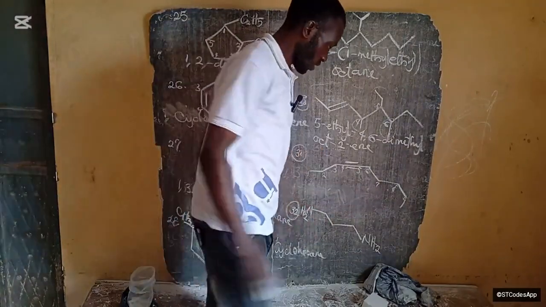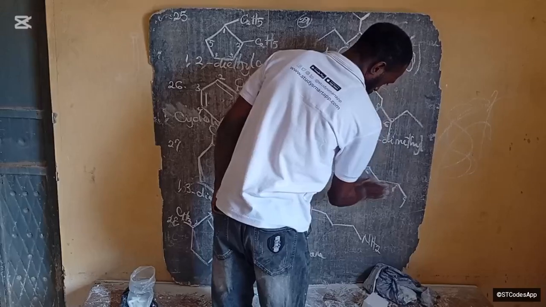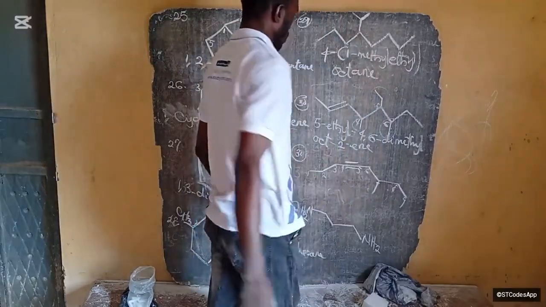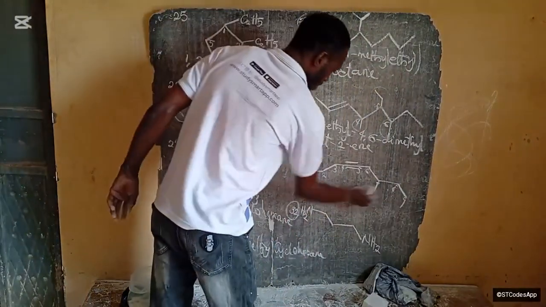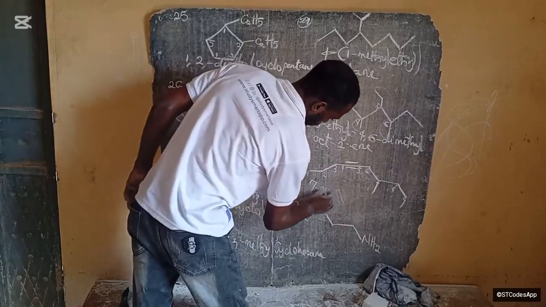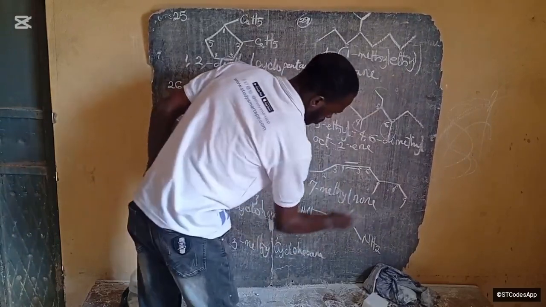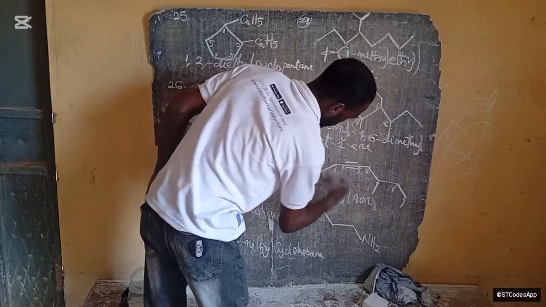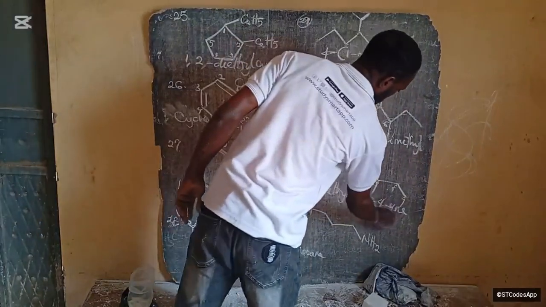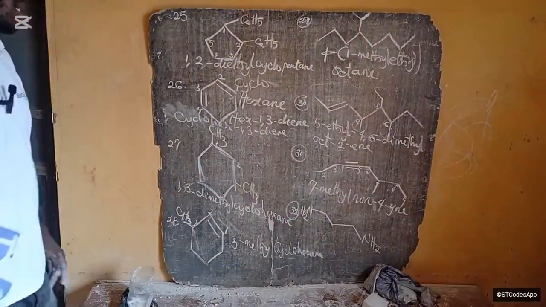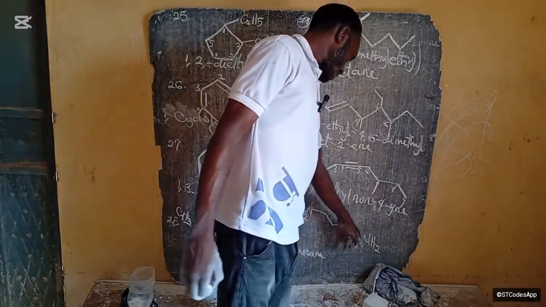Maybe methyl. This will now be 1, 2, 3, 4, 5. We'll go like this because this direction gives it 4. So that will be 7 methyl non-4-ene, rather, non-4-ene.